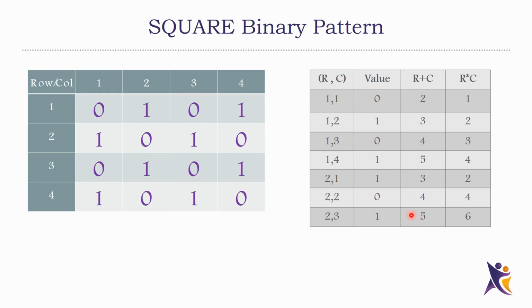You can easily understand there is one property here. Wherever there is a value 0, the addition of the column and row numbers is an even number, right? Let's take this as an example, 4. This 1: the row number is 3 here, and the column number is 4.